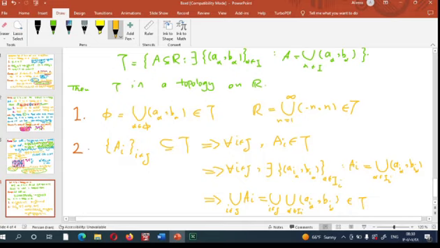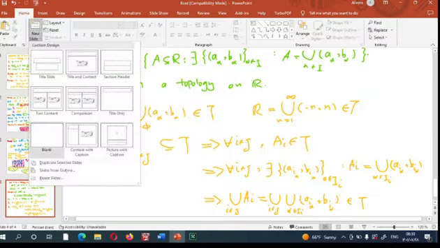This is a union of intervals, okay, again, so that for each family of members of tau, its union is a member of tau again. And this is the second property for topology.